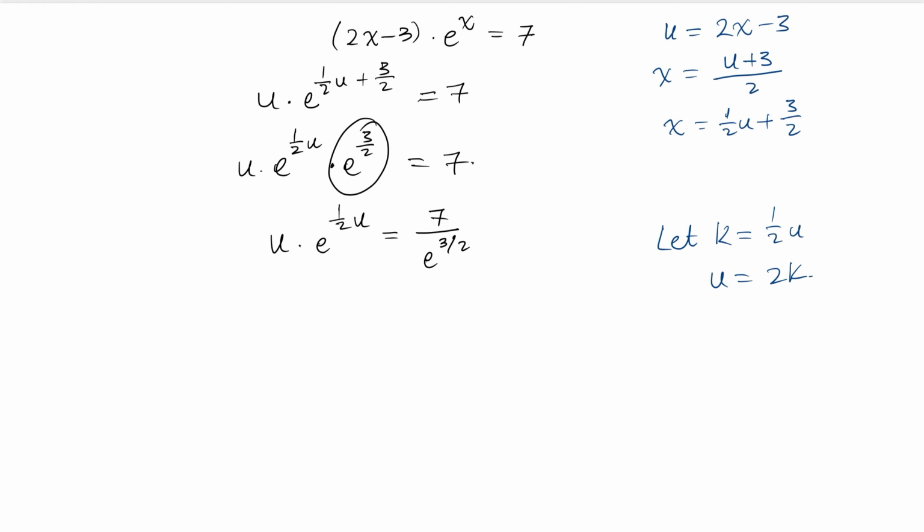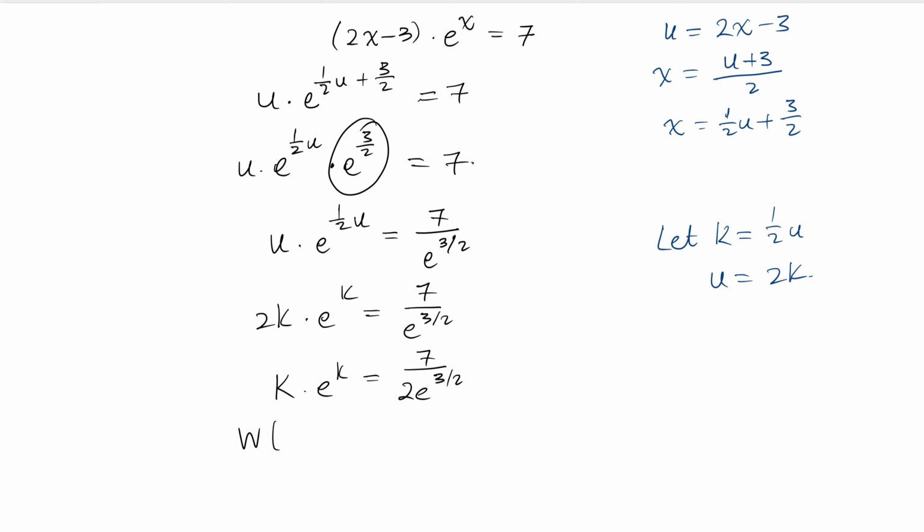So now my equation is going to be 2k multiplied by e to the k. That's going to equal 7 divided by e to the power 3 over 2. Now I'll divide both sides by 2. I'm going to have k multiplied by e to the k is going to equal 7 over 2e to the power 3 over 2. Now we can take W of both sides.